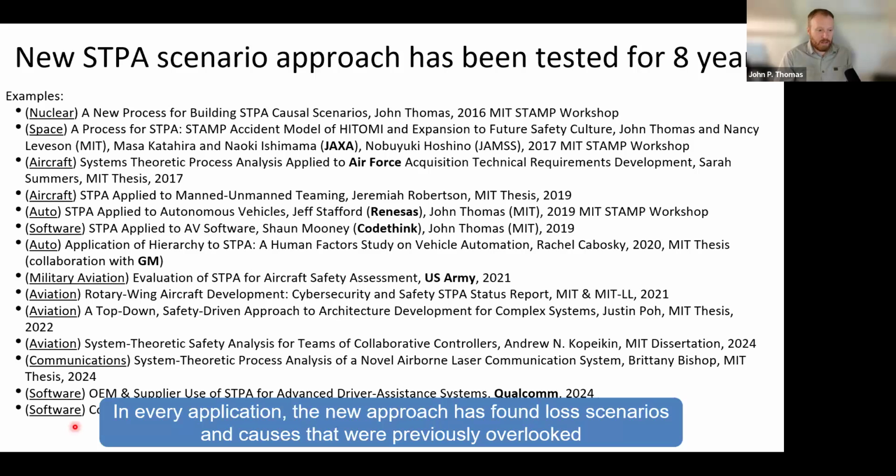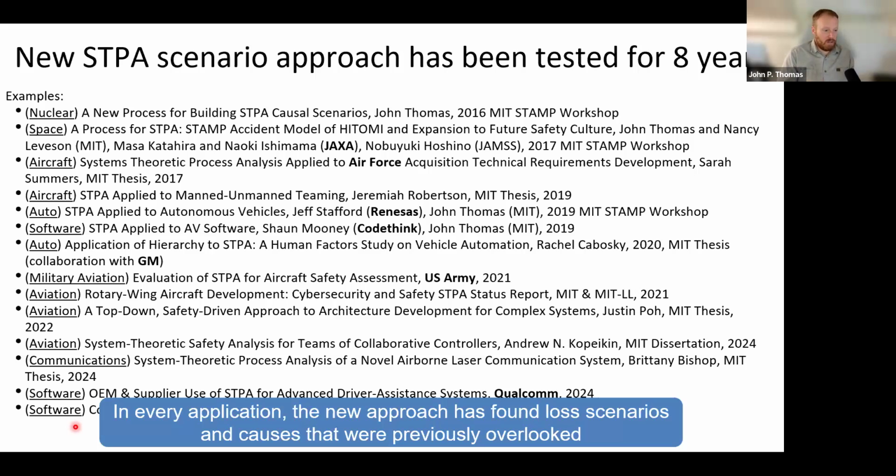And about half of these also compared it to existing hazard analysis methods like fault trees, FMEAs, HAZOP, and others. So at a minimum, all these compare old and new STPA scenario approaches, and about half compare on top of that with existing hazard analysis methods that are very popular in industry, like fault trees.